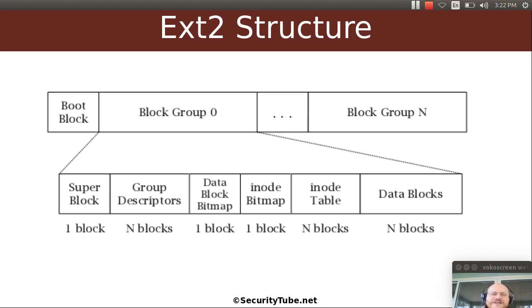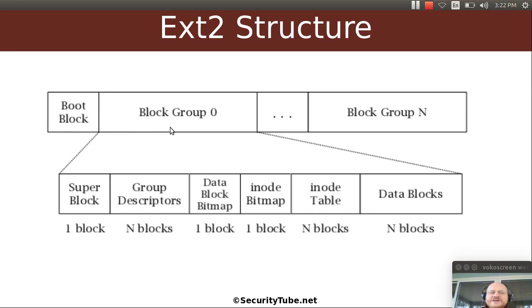So if it's a 1K block, then you will have 2 sectors per block because in most media, a sector is 512 bytes. So we will start our file system with some boot code, and then we will have a series of block groups.